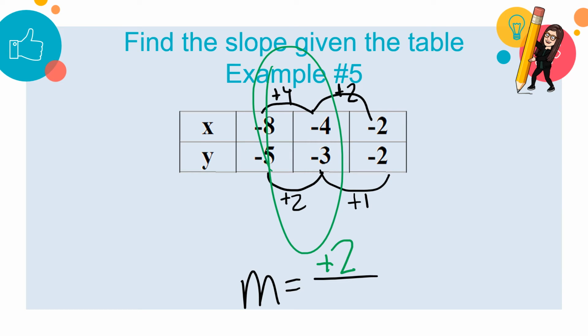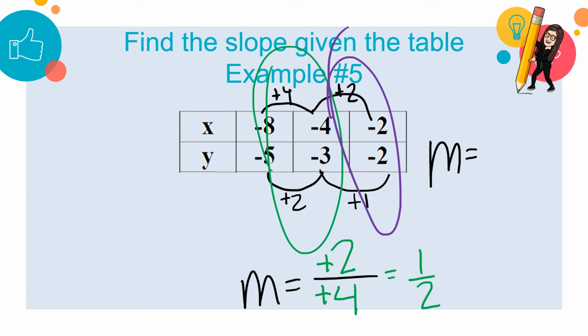Change in y over change in x. That gets me to 1/2. But let's say your neighbor, your friend, chooses this pair in purple. Change in y over change in x is still 1/2. It doesn't matter which pair you pick, but pick a pair, change in y over change in x.